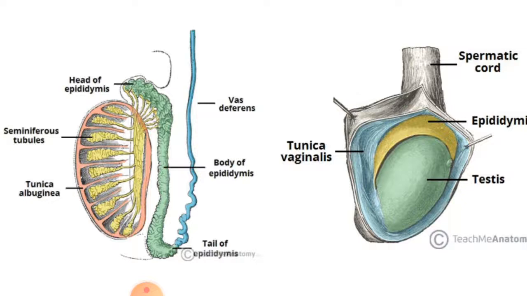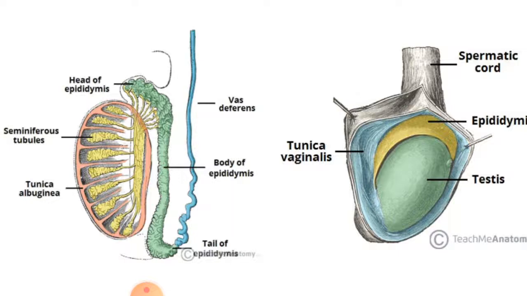Here you can find the 1 to 4 convoluted loops of germinal epithelial cells that are also called the seminiferous tubules. Between the tubules lie the interstitial cells that will secrete the testosterone hormone after puberty in males.